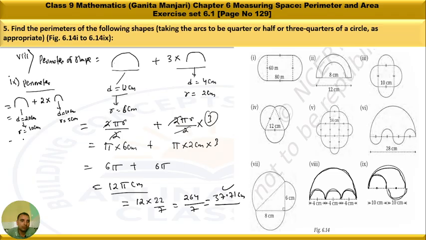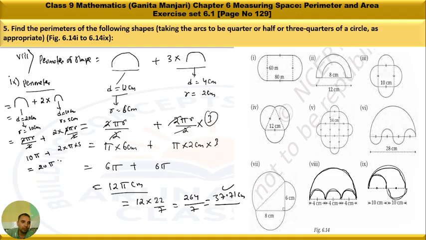So the semicircle length is 2 pi r upon 2, 2 and 2 get cancelled, plus 2 multiply with semicircle length 2 pi r upon 2, 2 and 2 get cancelled. So it is pi r, r is 10, so it is 10 pi plus 2 multiply with pi, and r is 5 centimeter, so 2 times 5 is 10, 10 pi plus 10 pi.